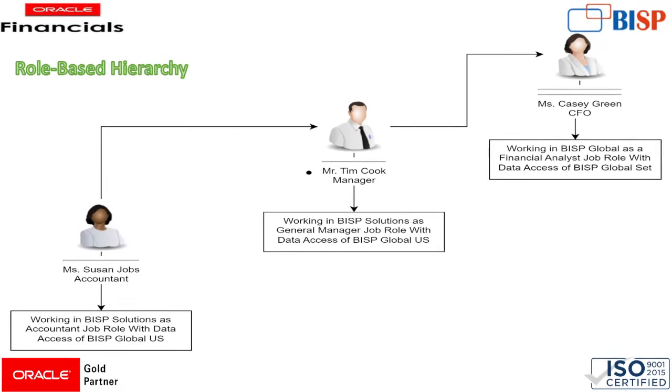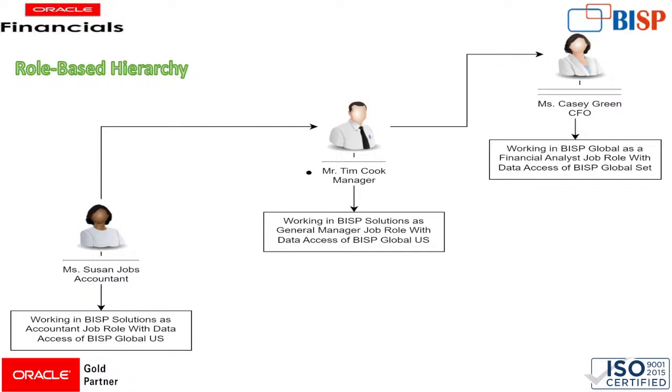So I have created a role-based hierarchy in which Ms. Susan Jobs is a junior accountant working in BISP Solution as an accountant job role, with data access of BISP Group US.